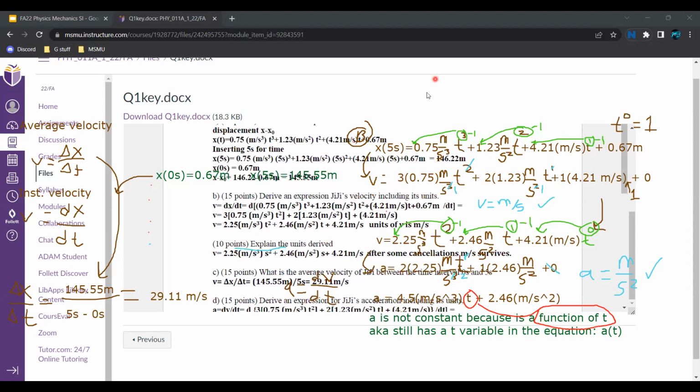Yeah, our velocity is up here. Let me do this in red.